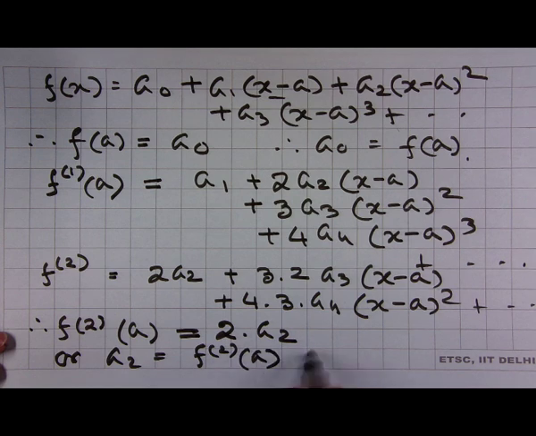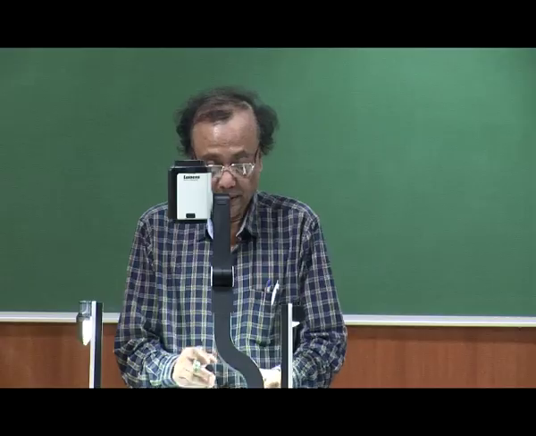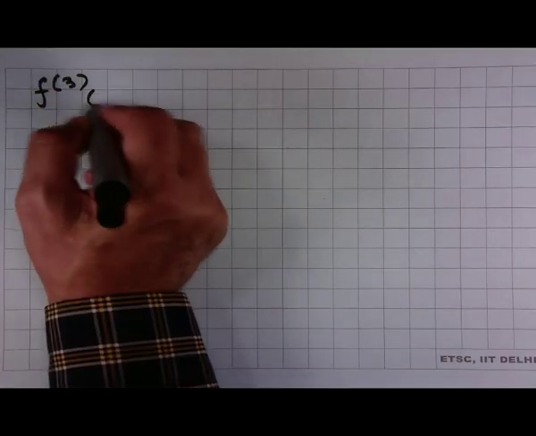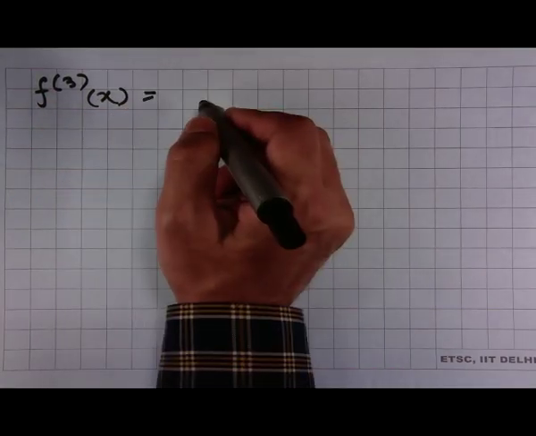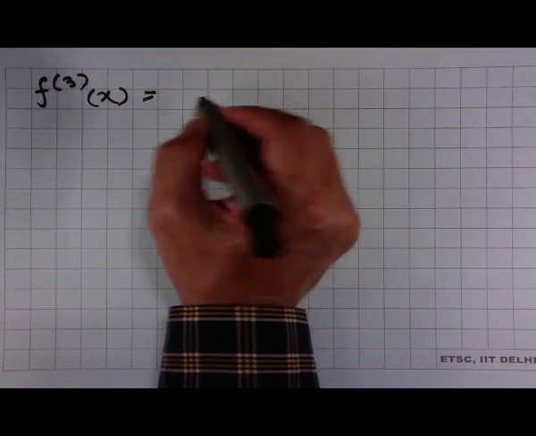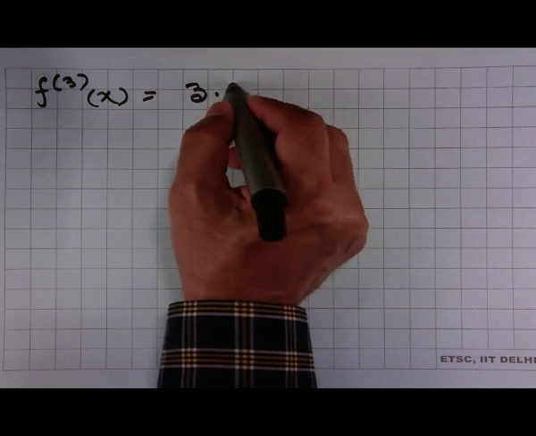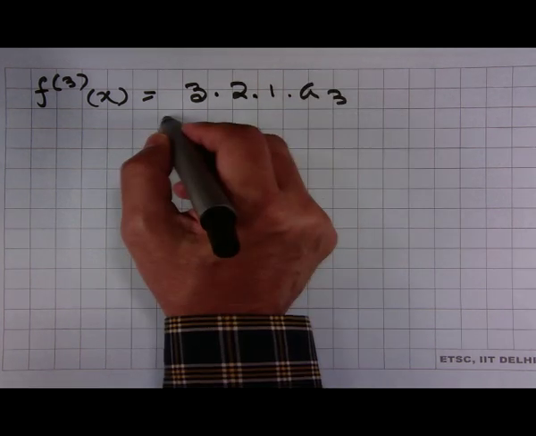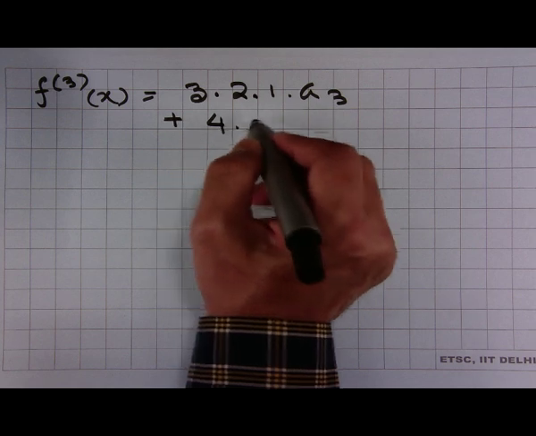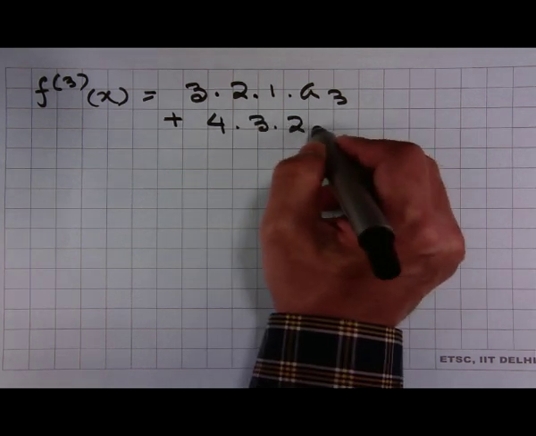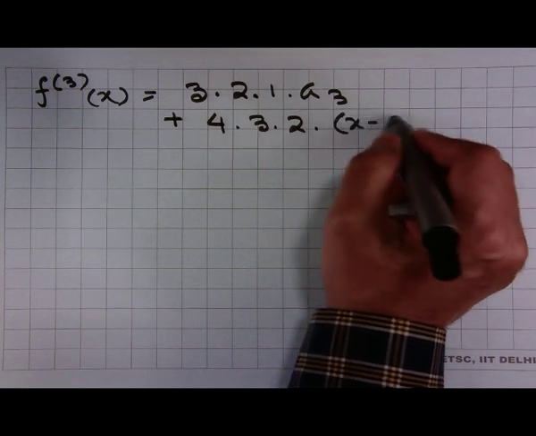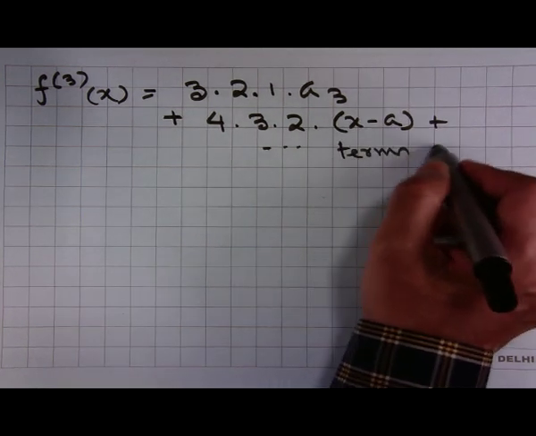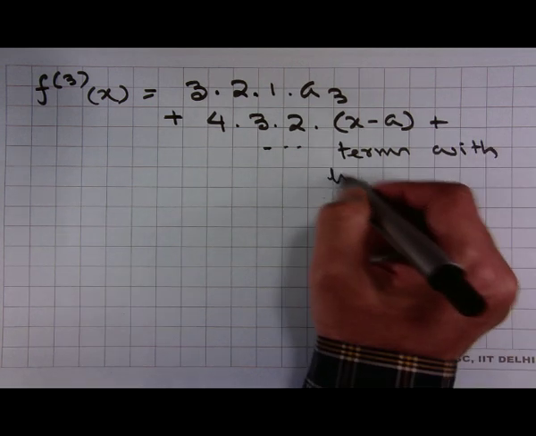by 2. In a similar way, the third derivative f³(x) is equal to 3·2·1·a3 + 4·3·2(x − a) + terms with higher powers of (x − a).